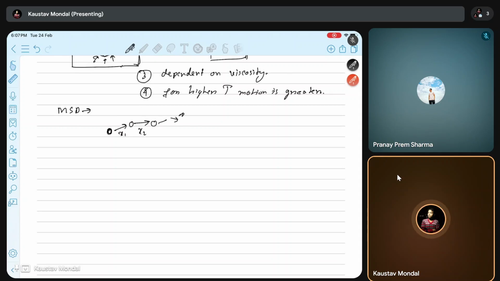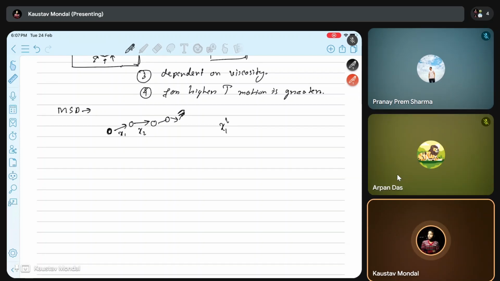To calculate the MSD of this particle, you have to square all of the distances, x2 square, x3 square, like this, up to the nth observation. After doing the square, you take the mean of all the displacements. This gives you the MSD of the particle.